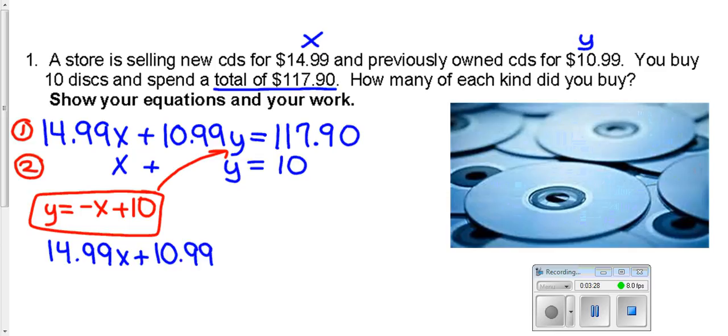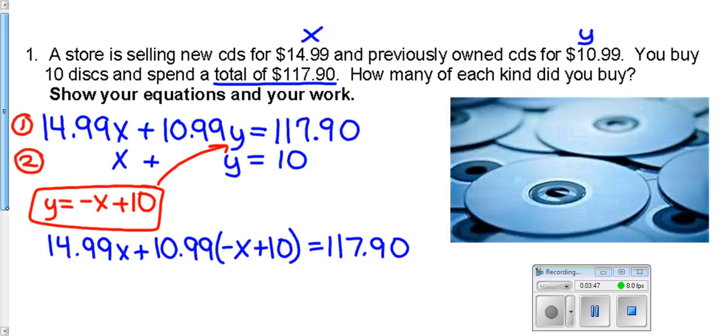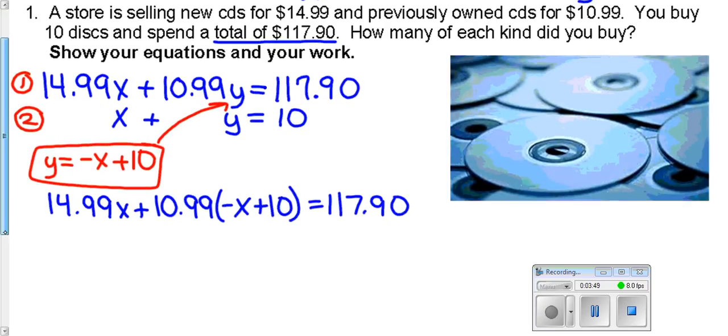Now this time, instead of writing the y, I'm replacing the y with negative x plus 10, and I'm going to set that equal to $117.90. And now the next thing I'm going to do is solve for x.